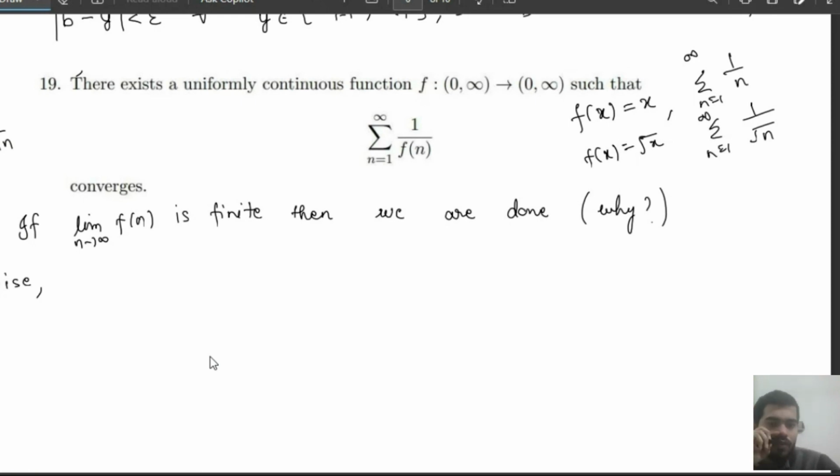Otherwise, the limit as n goes to infinity of f(n) is equal to infinity.